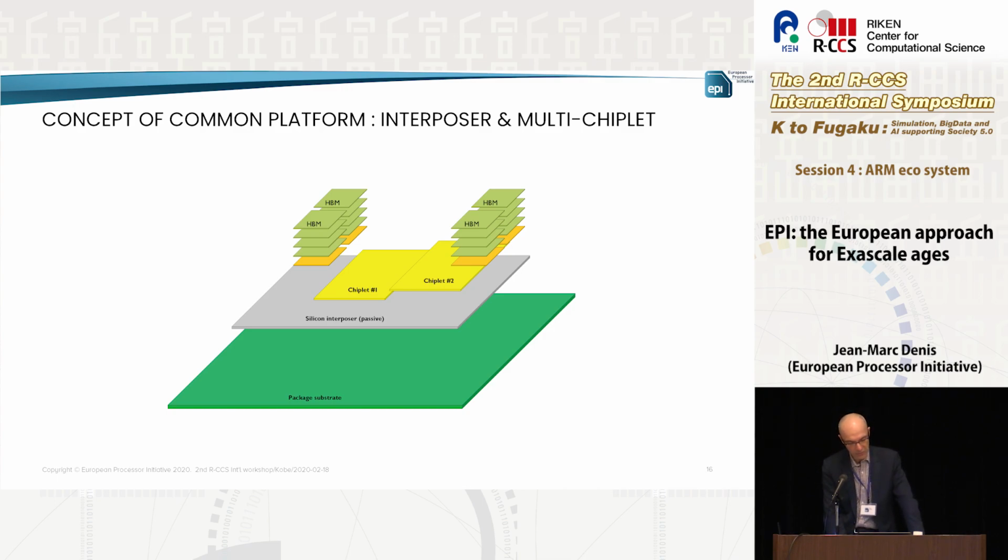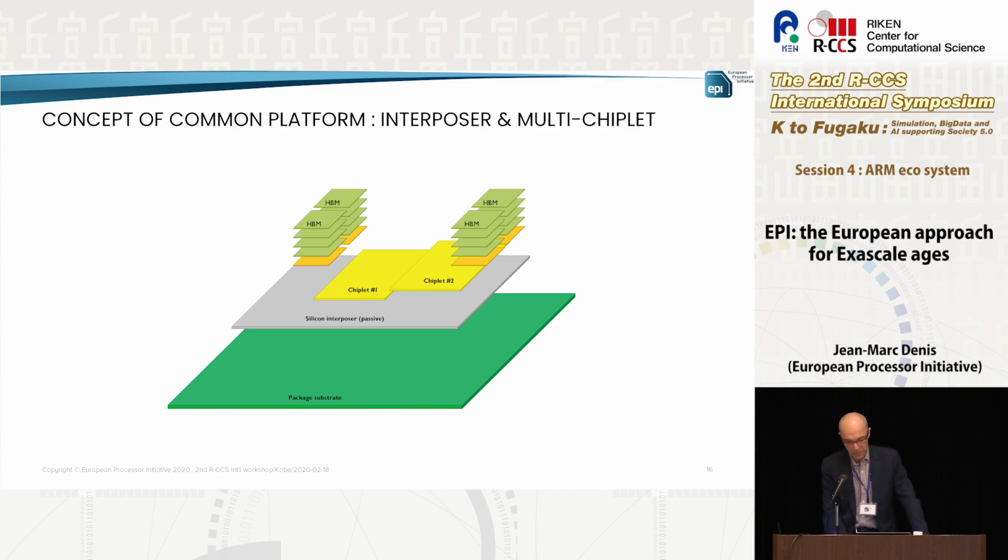On top of the interposer, you've got, in green, the package. On top of the package, you've got the interposer. Then you have the different chiplets plus the HBM. And when you combine all of them together, you obtain the complete system. This is what AMD is doing. This is what now everyone is doing, and this is exactly what we are doing in Europe as well.